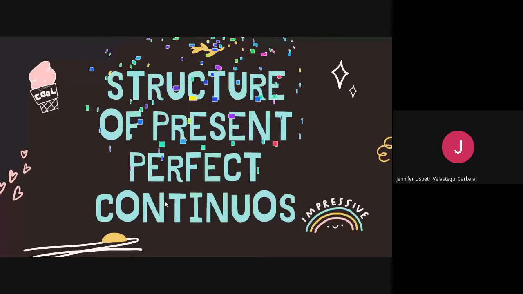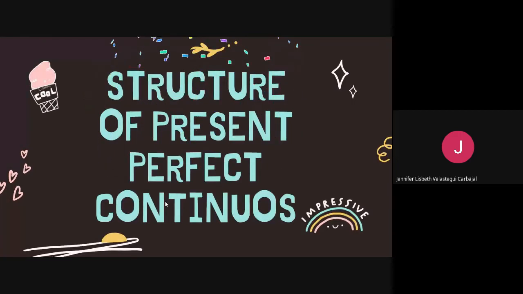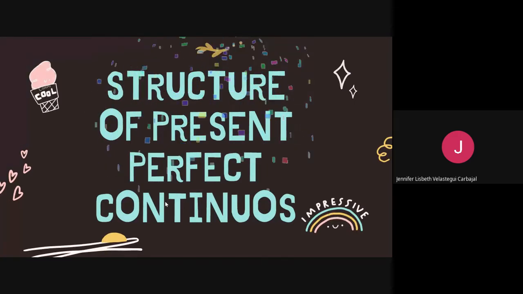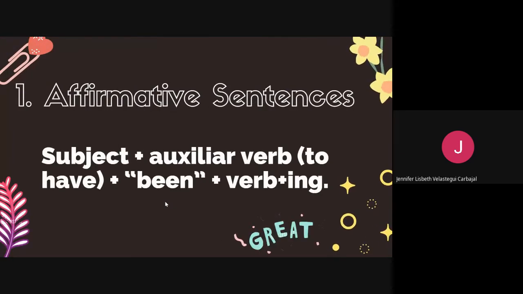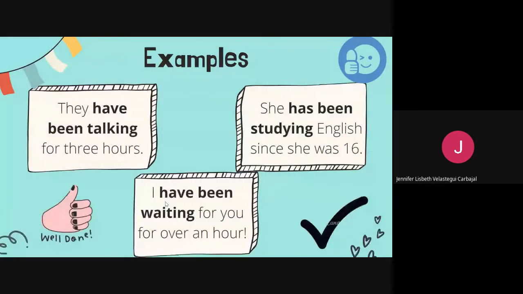Here we present the structure for making affirmative, negative, and interrogative sentences. In affirmative sentences, there is an order to follow, and it is as follows: subject, plus auxiliary verb to have, plus been, plus verb and ing. One example is: they have been talking for 3 hours.